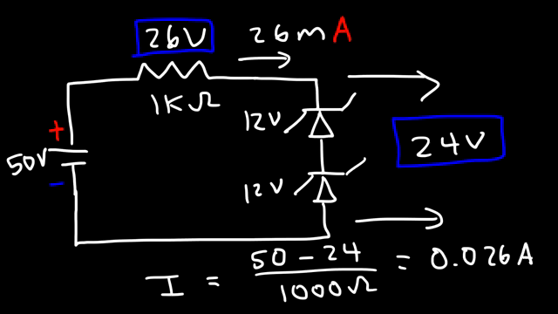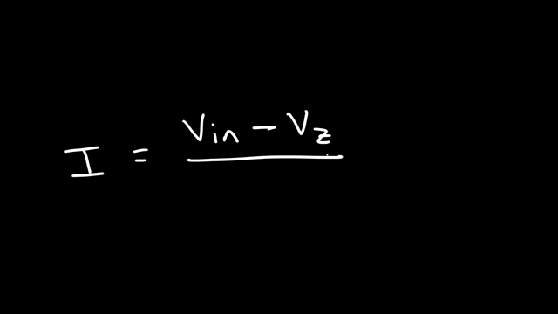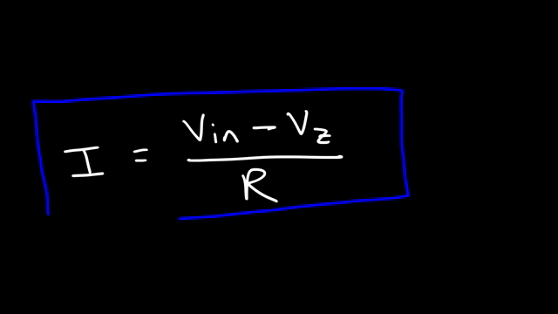And then you can convert that to milliamps by multiplying it by 1000. So here is a generic formula to calculate the current in the previous circuits. It's going to be the input voltage minus the total reverse Zener voltage divided by the resistance in the circuit. And so that'll give you the current flowing in the circuit.